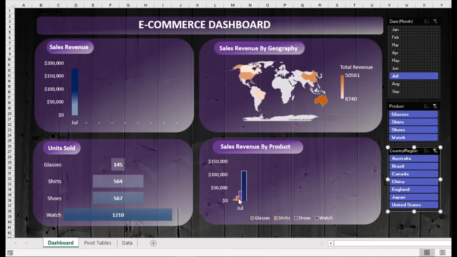And watches are again at the higher side, but now the glasses took the lower area, which was 6,525 sales revenue from glasses in the month of July.